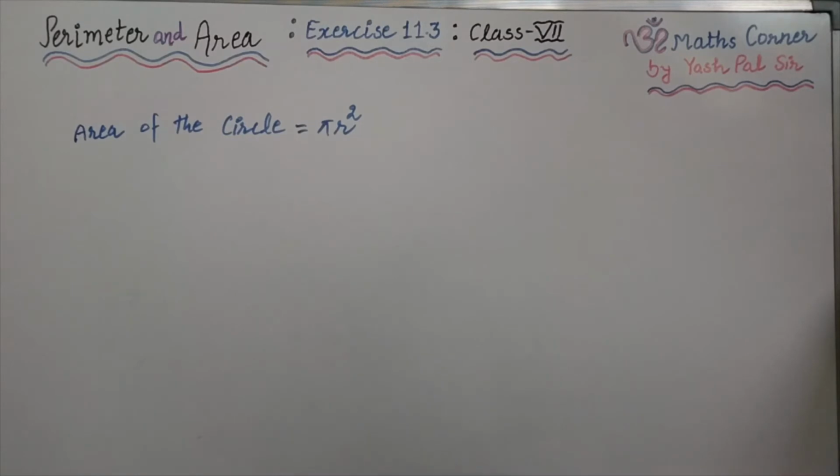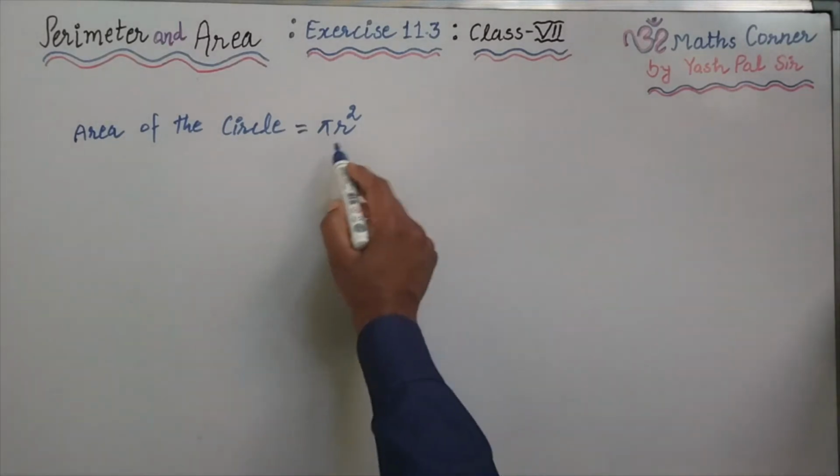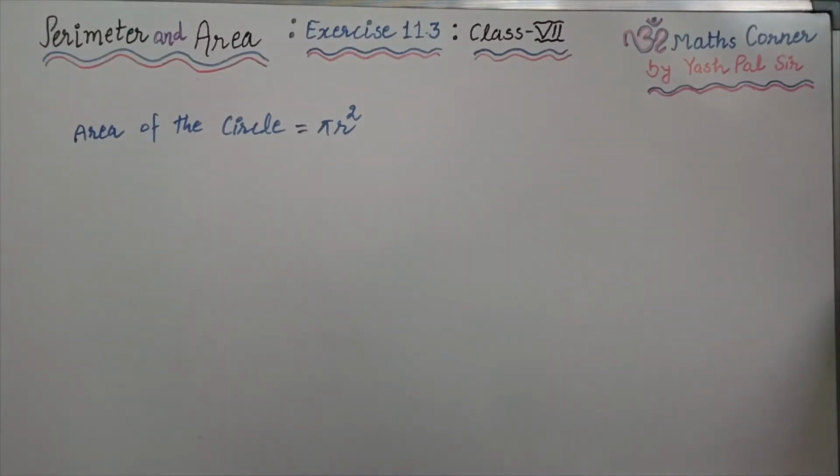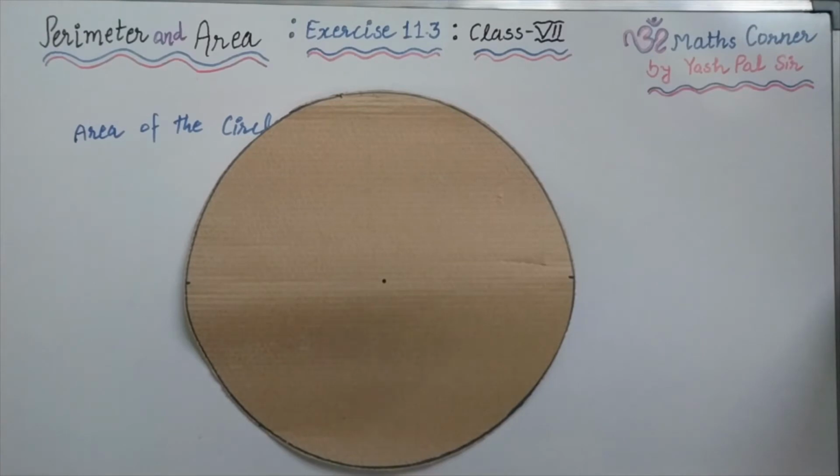Now I am also interested here to explain about the area of the circle. Everyone knows that the formula for the area of the circle is pi r square. But here I am interested to explain how this is obtained, how this is derived. So let us discuss now how this is derived.